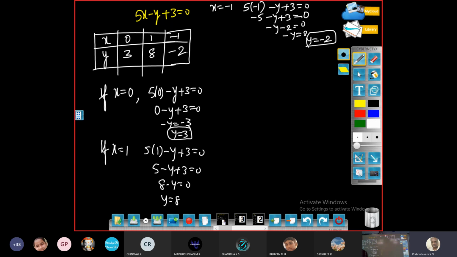So now you can plot this using the graph.